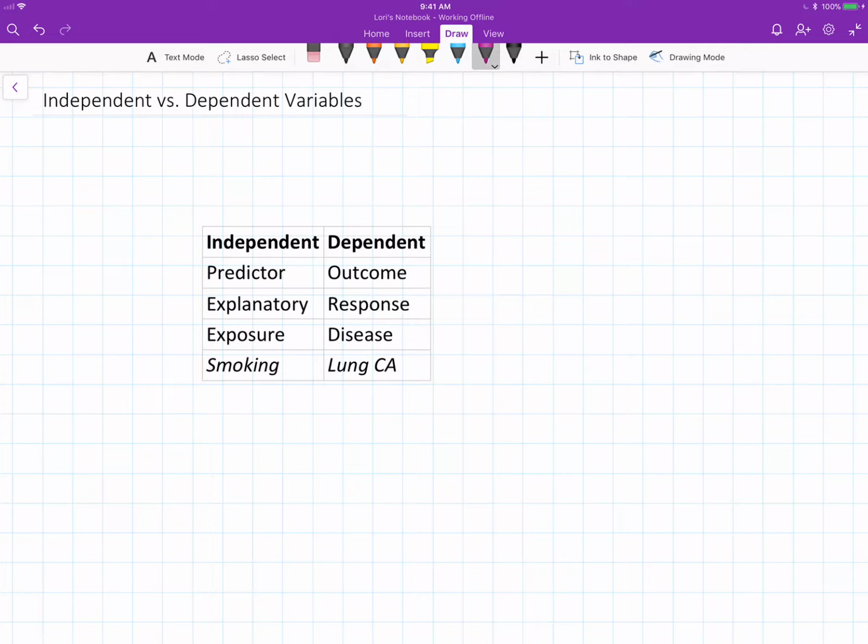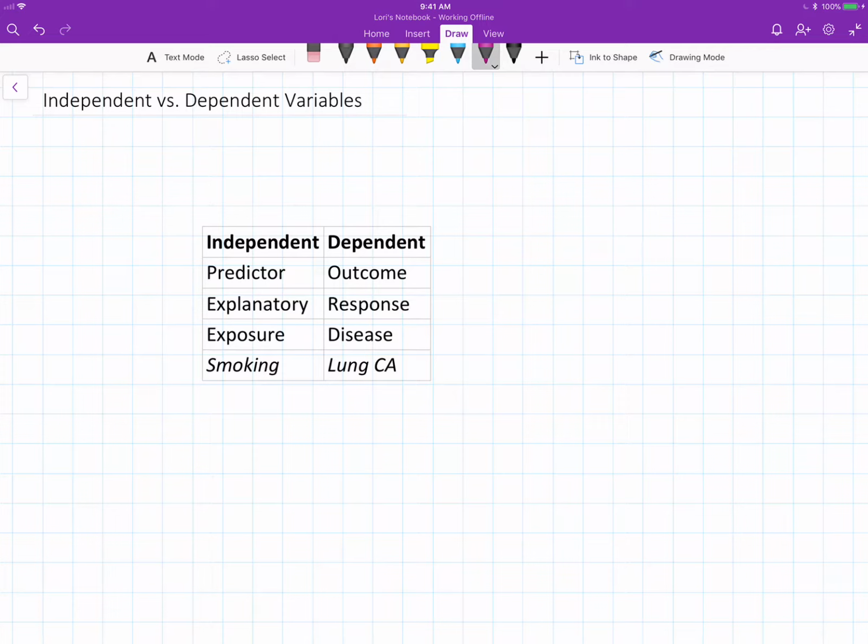In terms of the independent variable, that is also known as the predictor variable, or the explanatory variable, or the exposure. And so being a predictor is independent of whether somebody gets the disease or not.